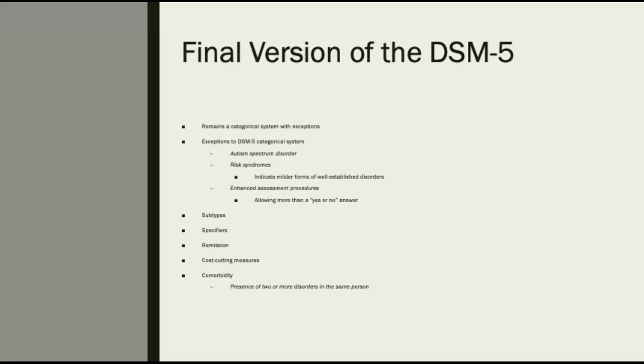You will see really quick and easy definitions for all of these: subtype, specifier, remission, goes into comorbidity and prognosis too on page 93 of our text in chapter 3 if you have any questions about what those are.